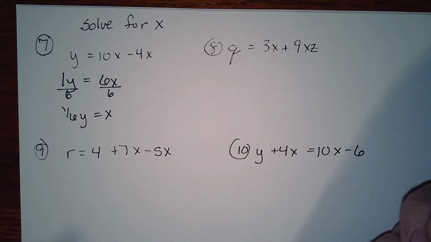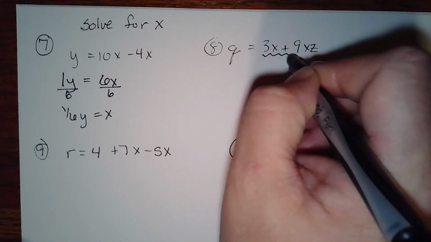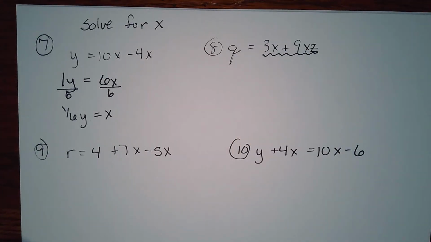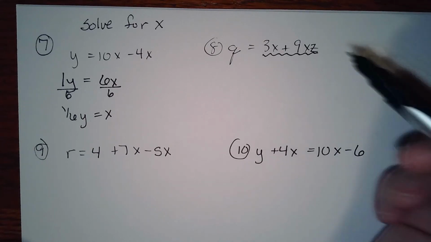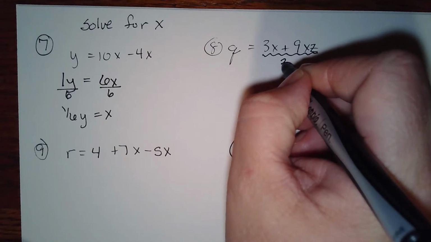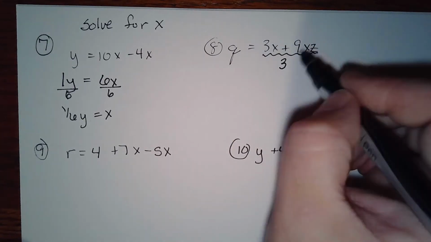However, we have talked about distributing. So we're going to start talking about factoring just a little bit. Factoring is saying, what did I distribute through to these two that are the same? In other words, what can I take out of both of them that is the same? Well, they're both multiples of 3, so we could take a 3 out. And they both have an x, which is how we knew that they belong together.